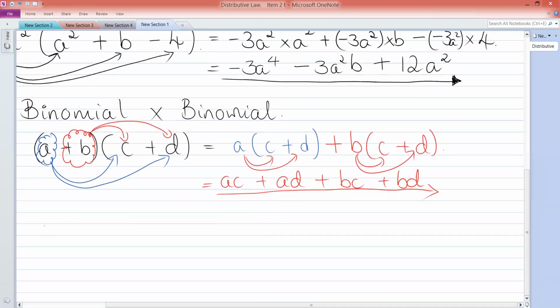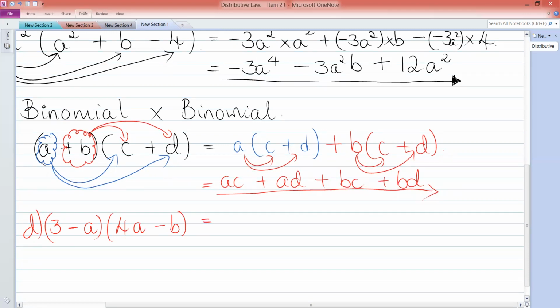Now let's work with a slightly more complex one. So let's say you have 3 minus A and you want to multiply it into 4A minus B. Okay.